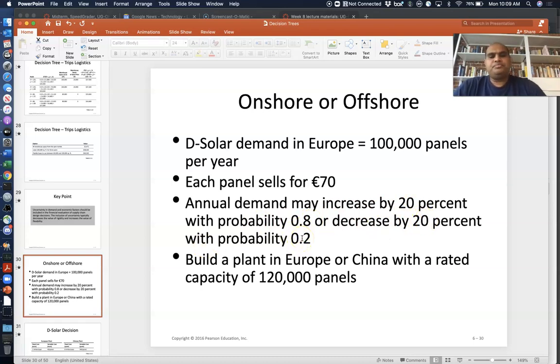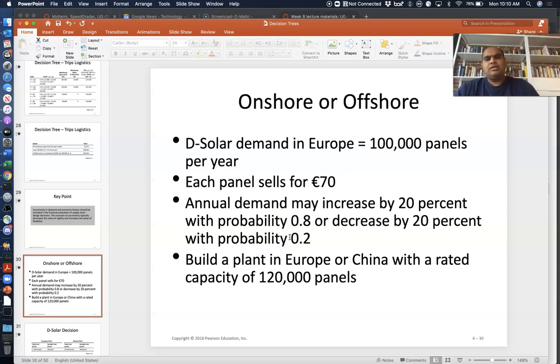So this year demand is 100, so next year it can become 120,000 with the probability of 80%, or it can become 80,000 with the probability of 20%.